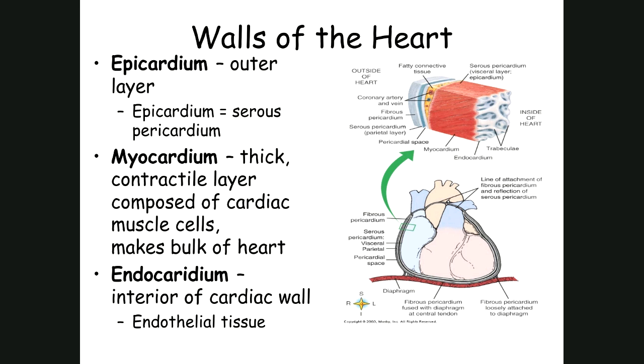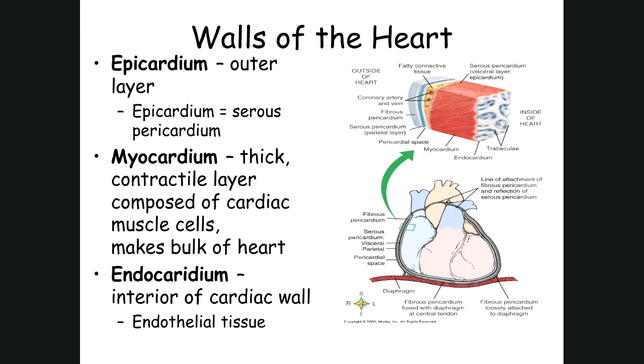Next one is the myocardium. What does it contain? It consists of contractile layers composed of cardiac muscles. This layer is made up of the cardiac muscles, and these muscles make the bulk of the heart. And next, the endocardium.